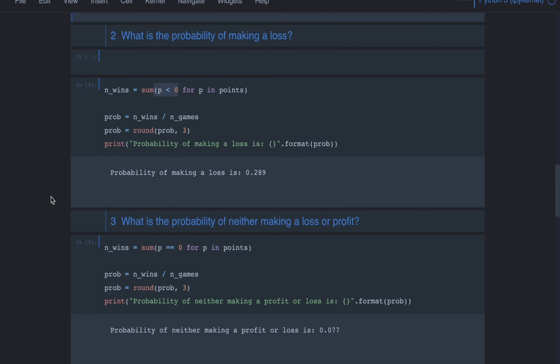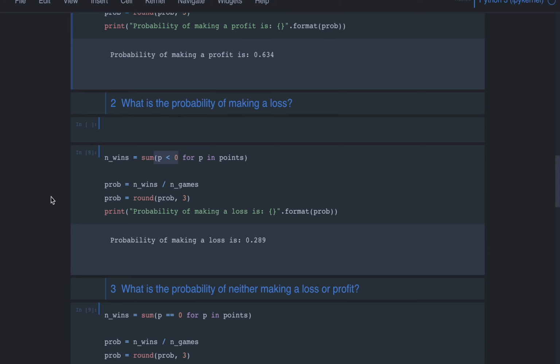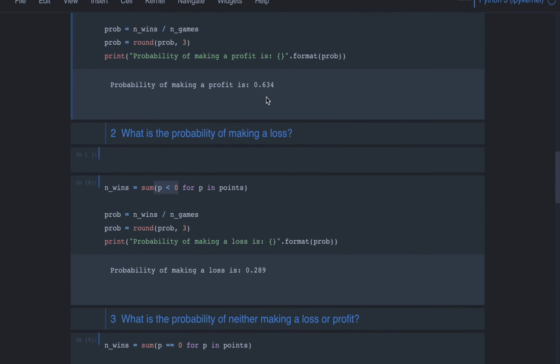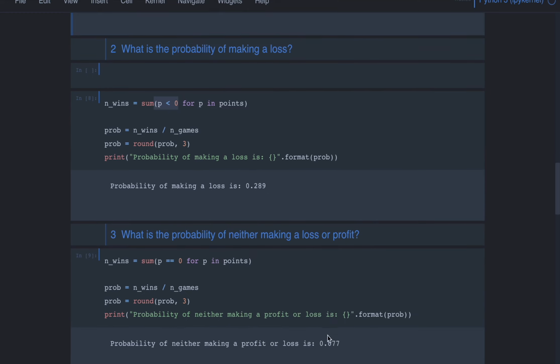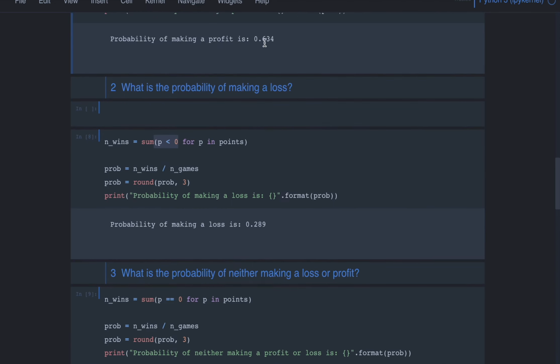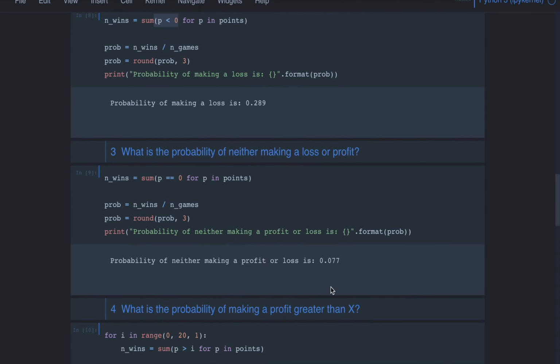Now, it could be that we neither profit nor lose, so let's look at that probability as well. The sum of these three probabilities should be equal to 1 because there are only 3 possibilities. So it's 0.63, 0.28, and 0.07. Yeah, that's right. So 0.63 plus 0.28 plus 0.07 would be equal to 1.